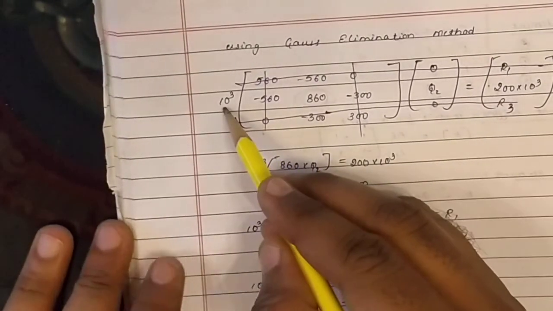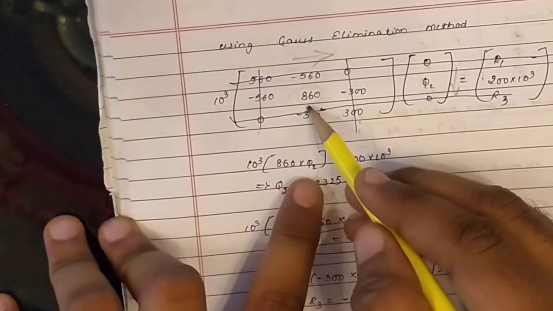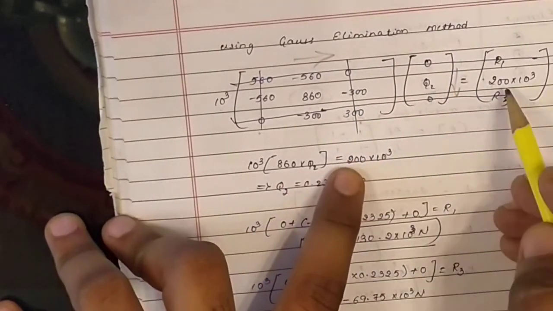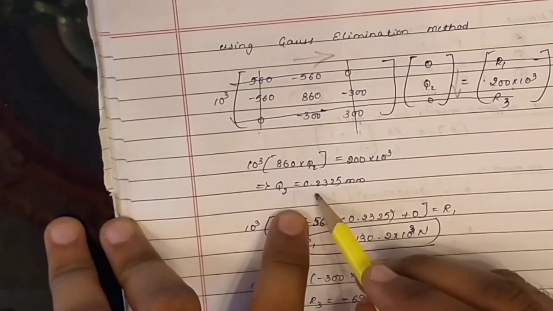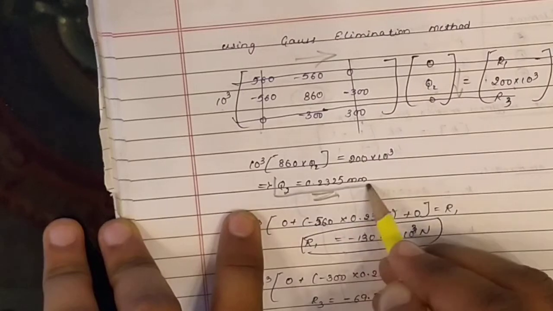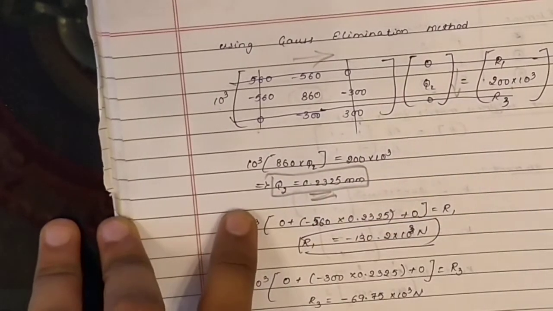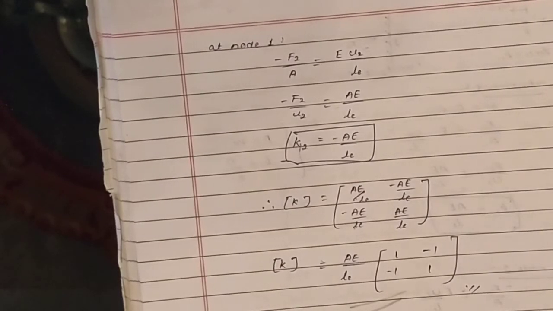So 10 power 3 into this matrix multiplication, 860 into Q2 is equal to 200 into 10 power 3. Simplify this, you will get Q2 equal to 0.2325. That is the displacement. So we have found the nodal displacement.